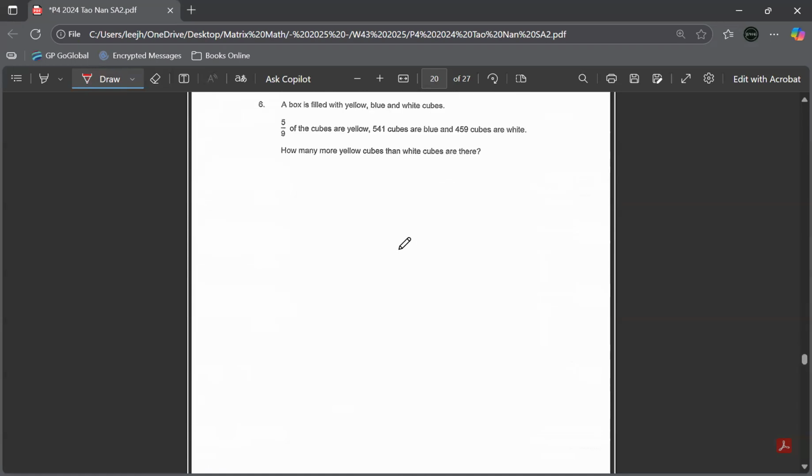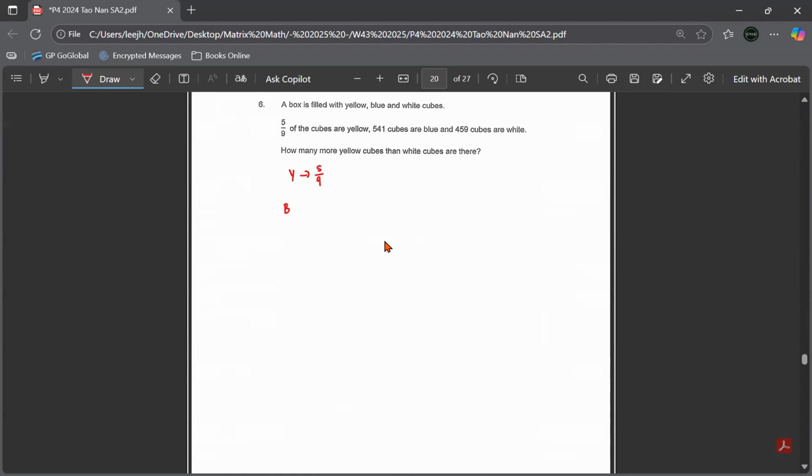Question number 6. A box is filled with yellow, blue, and white cubes. Five-ninths of the cubes are yellow, 541 cubes are blue, and 459 cubes are white. How many more yellow cubes than white cubes are there? So you write down yellow 5 over 9.